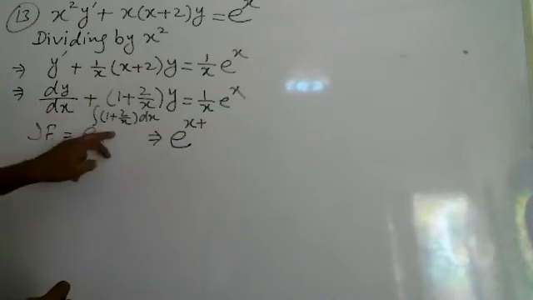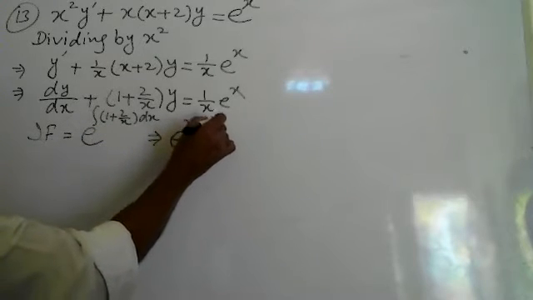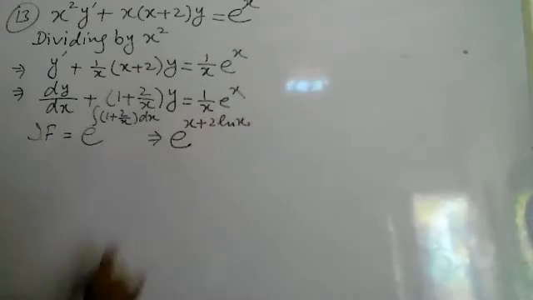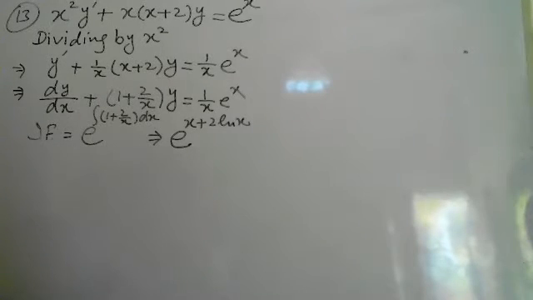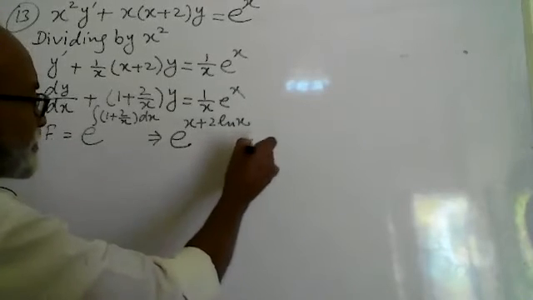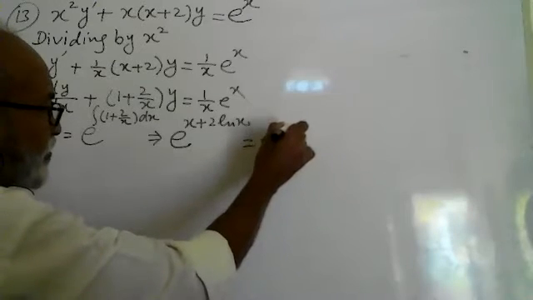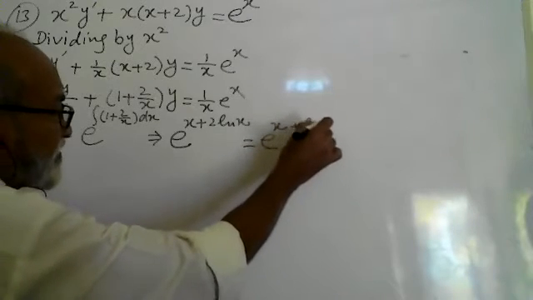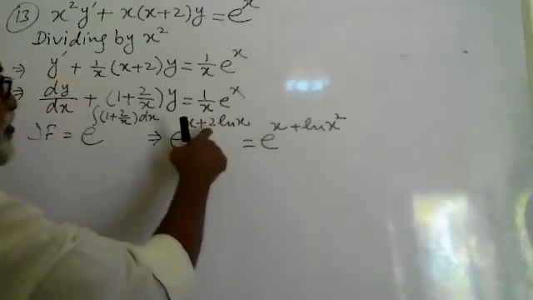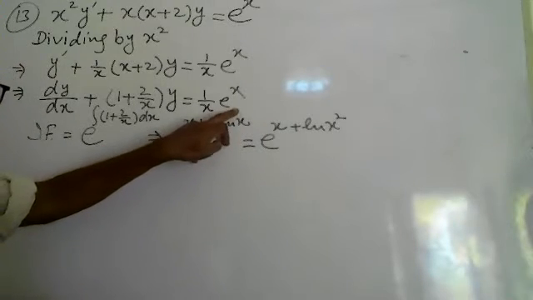Integral of 2 upon x will be 2 ln x. Further, e raised to power x plus ln x square. This 2 will go over there, as the power of x, x raised to power 2.